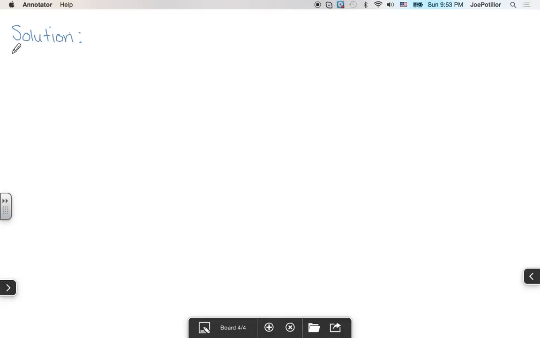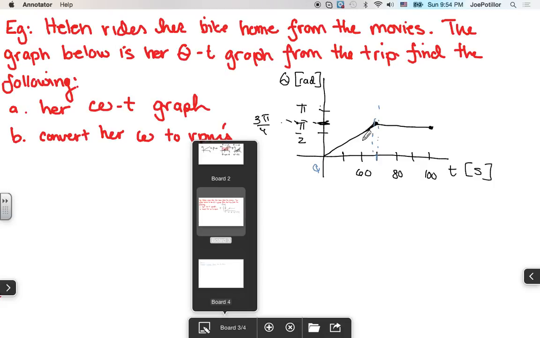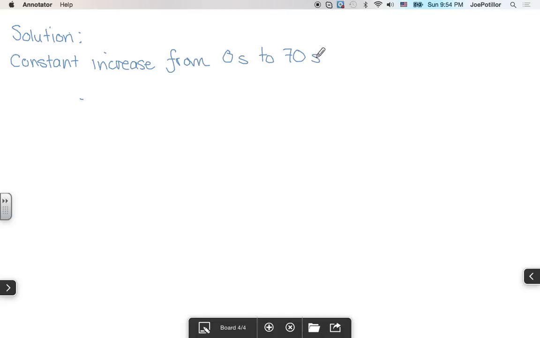We can see that there's a constant increase from 0 seconds to 70 seconds, going from 0 to 3 pi divided by 4. Constant increase. And then the angle changes.